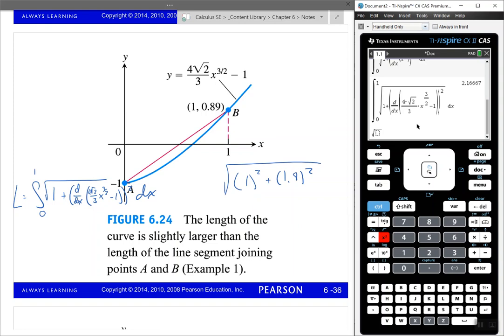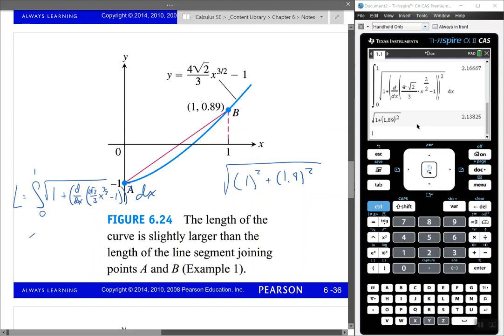They did tell us the length should be slightly larger than the length of the segments. So we have 1 squared, which is 1, plus 0.89 quantity squared, and we get 2.13. That's fantastic. We are within 3/100ths of the secant line there. So that is a good answer that we got for the length of the curve.